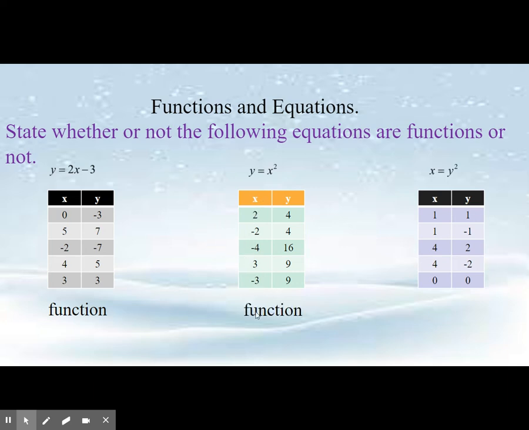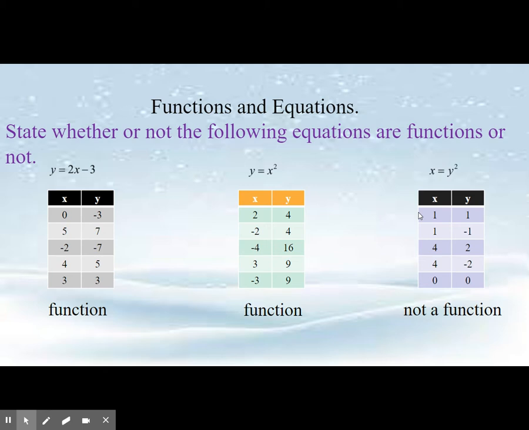Nope. So it's a function. Looking at this one: 1, 1, 4, 4, 0. Any of these numbers the same? Yeah, I've got 2 1s, so it's not a function. I've also got 2 4s, so it's not a function. So, the easiest way when you're looking at tables to decide if it's a function is just look at the x and see if anything repeats.